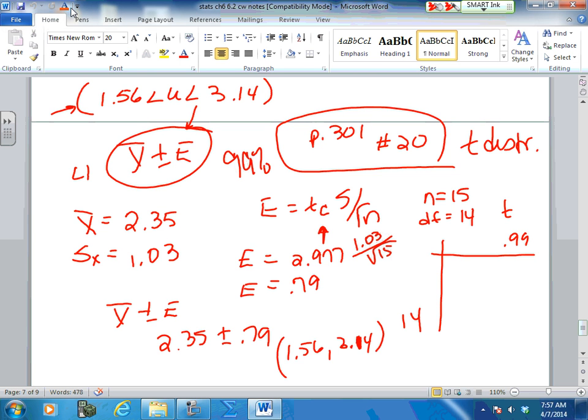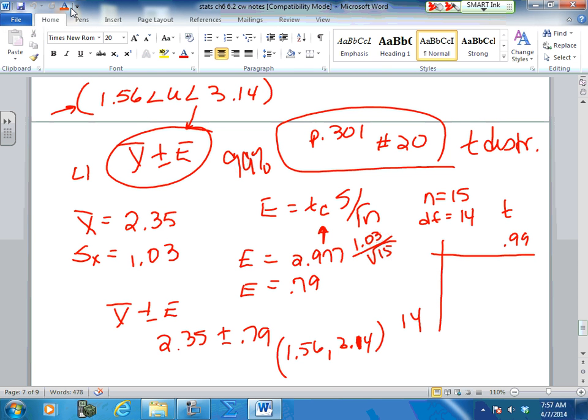So I process my sample and I infer that information about my population. So now I'll be 99% confident that my population mean will fall between those two numbers. That's why we do all this. I already know my sample mean. I already know my sample standard deviation. I should not have to do all this for that, but I'm inferring about my population.